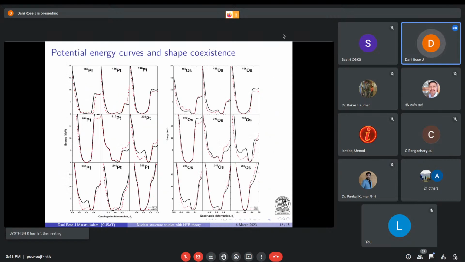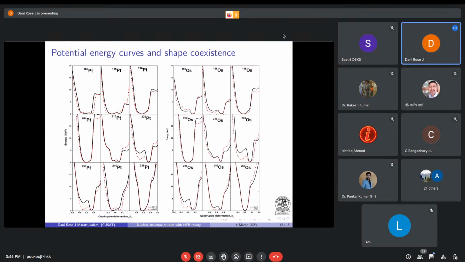Also, the potential energy curves in these isotopes were investigated to study shape coexistence. While studying some of the isotopes of these nuclei, we could find many of them having shape coexistence. Shape coexistence is essential.